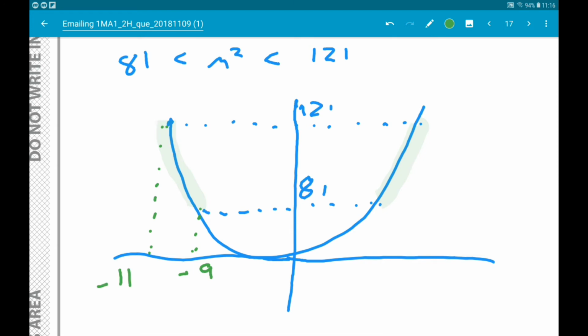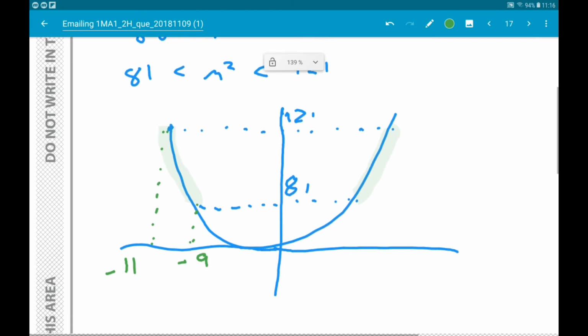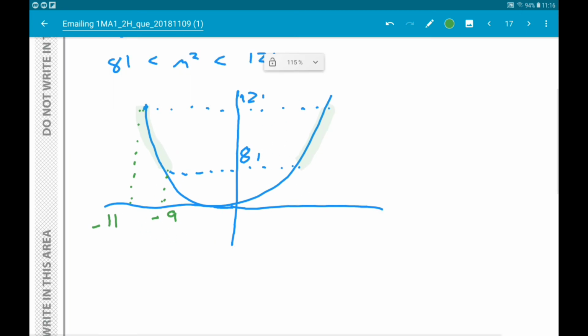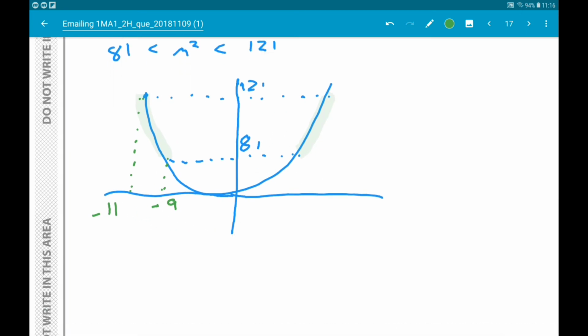So, that gives us an answer. We want m values between minus 11 and minus 9. So, one solution is m is strictly greater than minus 11, but strictly less than minus 9.